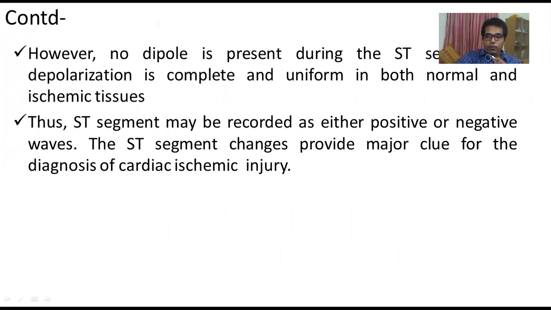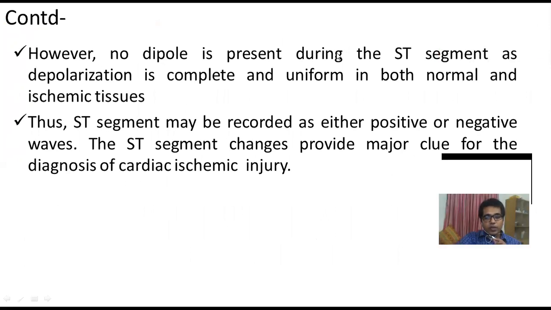However, no dipole is present during the ST segment, as depolarization is complete and uniform in both normal and ischemic tissue. Thus, the ST segment may be recorded as either a positive or negative wave. The ST segment changes provide a major clue for the diagnosis of cardiac ischemic injury.